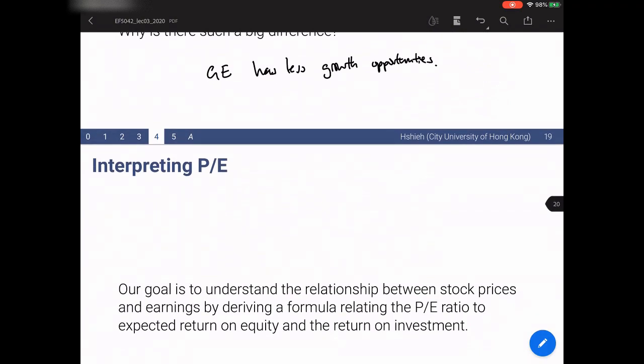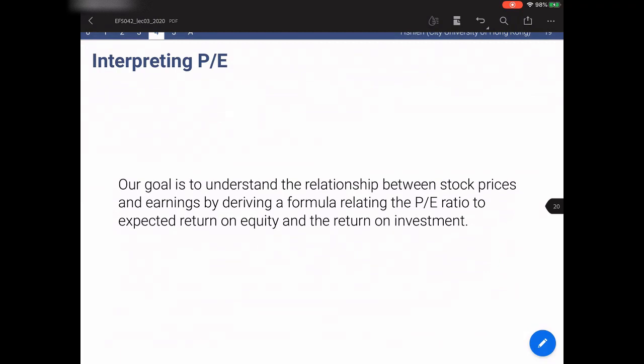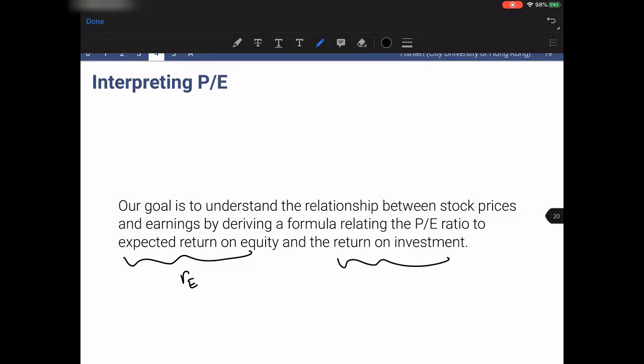Okay, so our goal now is to understand the relationship between stock prices and earnings by deriving a formula for the PE ratio that is a function of the expected return on equity, which is our RE, and also a function of ROI.